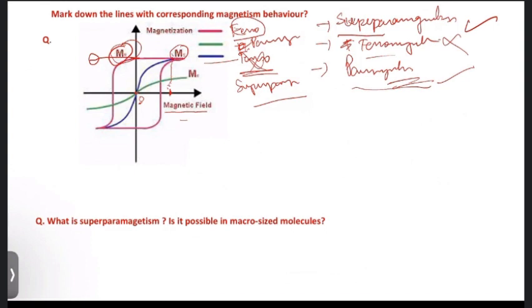Blue. So blue belongs to superparamagnetism, and hence the green one becomes paramagnetism. We have solved this question through the definition only. Followed?